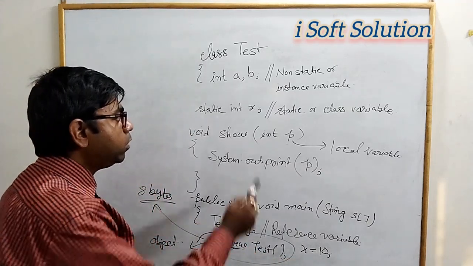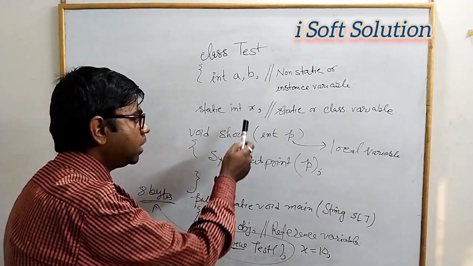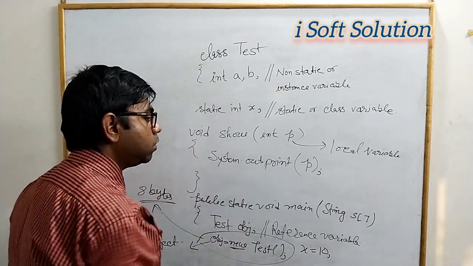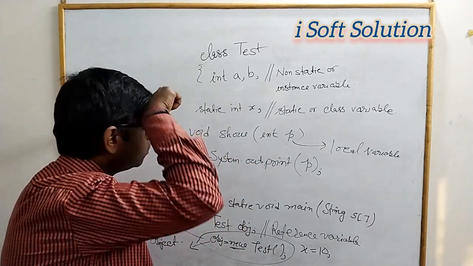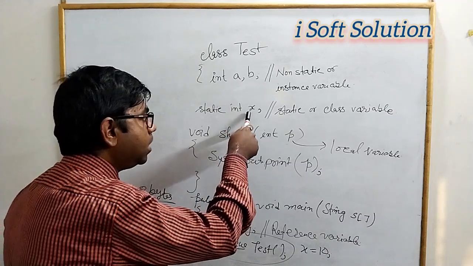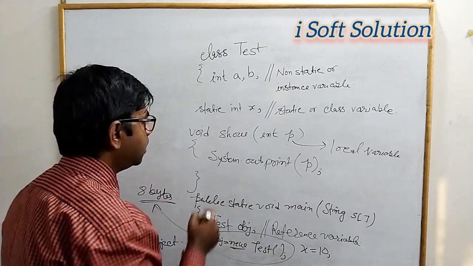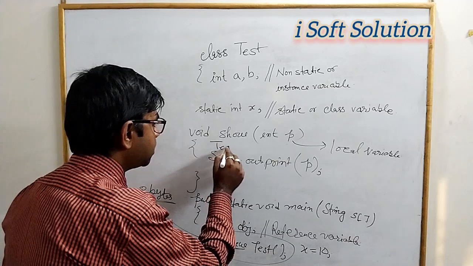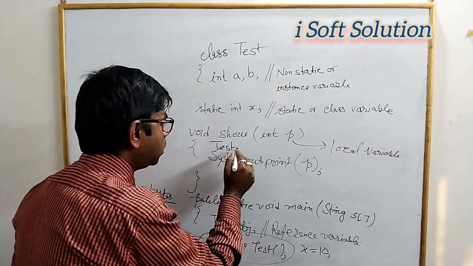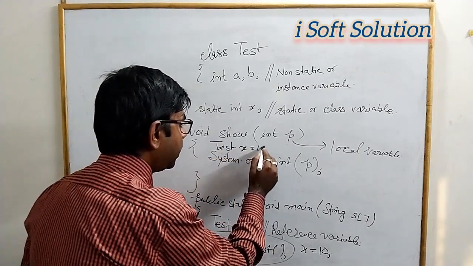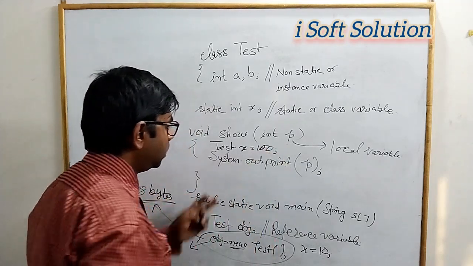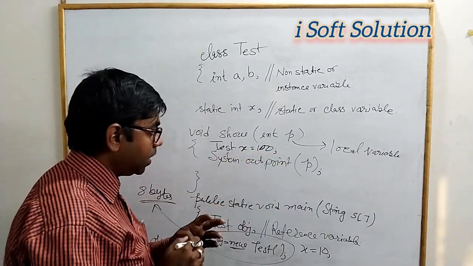But if I try to access this static variable from the non-static method, we have to call this static variable with the class name, that is test dot x equals to 100. In this way we can access the static variable.